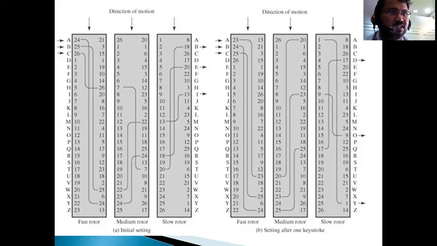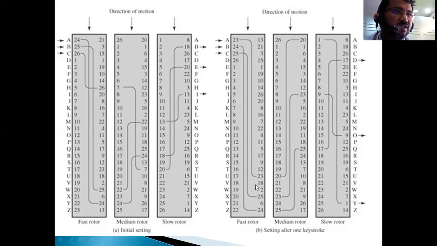Once the substitution is performed, if you observe, the rotor machine is shifted, so it rotates itself. When it is rotated, you can observe the character now starts from 21, then 13, then 21 and 3. The bottom 13 comes up to the top, and we have 13, 21, 3, 15 like that.